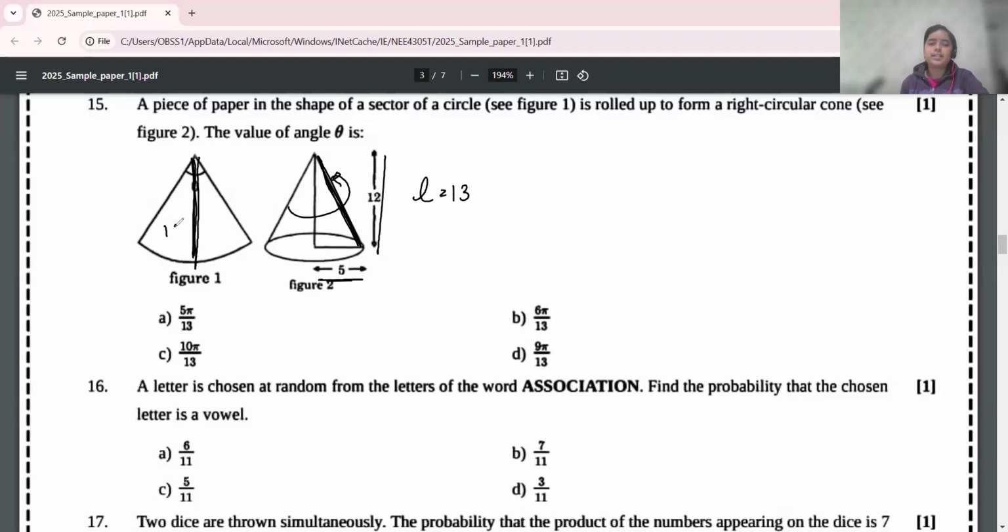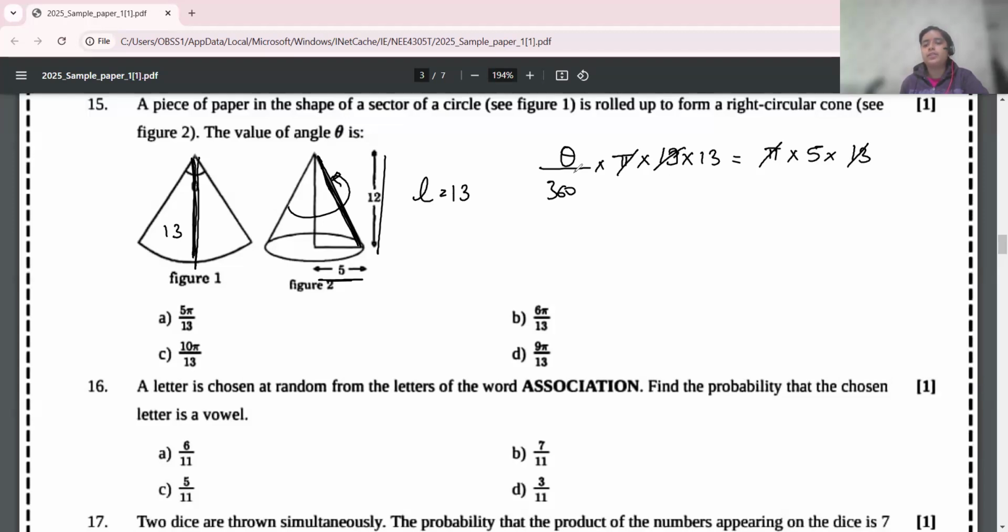Now thus the radius here becomes 13, and we have to now equate the two areas. The area of this sector, being theta by 360 times pi r square, is 13 times 13, is equal to the CSA here, which is pi times r times L, which is again 13. 13, 13 cancel, pi, pi cancel.